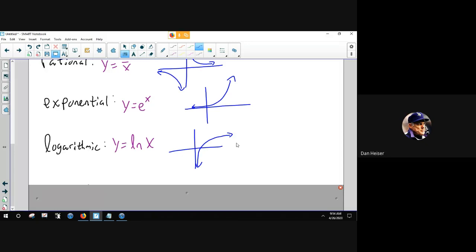In fact, if you go to x equals 1 million, so you have an x value of 1 million, your y value is only 13.8. You have to go 1 million steps to the right in order to go up 13.8. That is not a fast growing function at all. It's an extremely slow growing function.